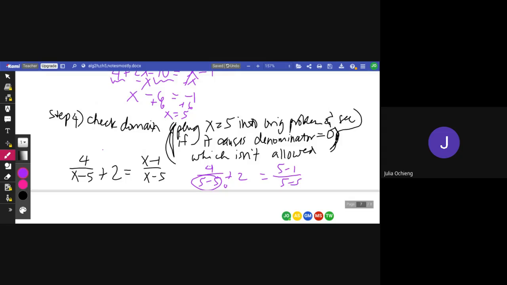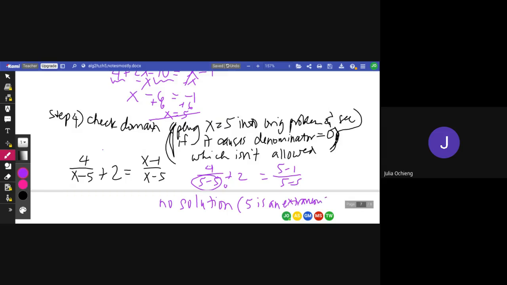It's an extraneous solution, meaning a solution you get that doesn't actually work because it makes the problem undefined. So x equals 5 is an extraneous solution, which means that there are no real solutions. So because of step 4, this problem is no solution. And if I wanted to show my reasoning, I would say 5 is an extraneous solution, meaning a solution that doesn't really work.